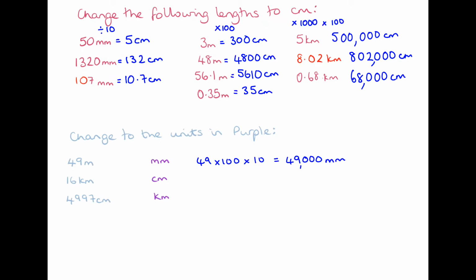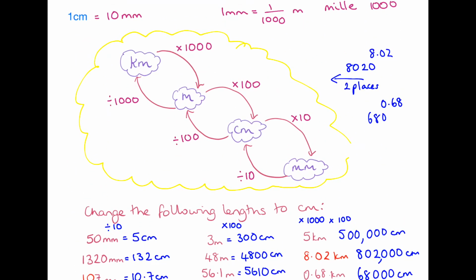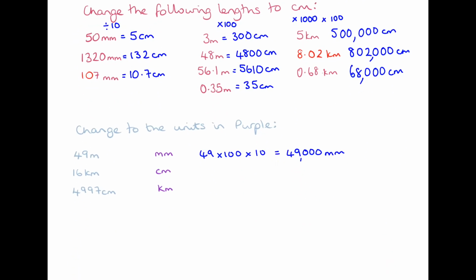So 49 metres is 49,000 millimetres. The next one, kilometres to centimetres. So kilometres to centimetres, we're doing what we're doing before, times 1,000 and then times 100. So we're doing 16 times 1,000 and times 100.